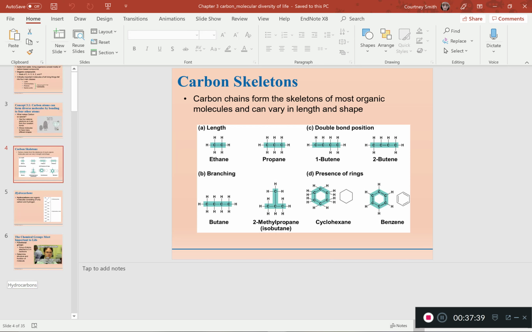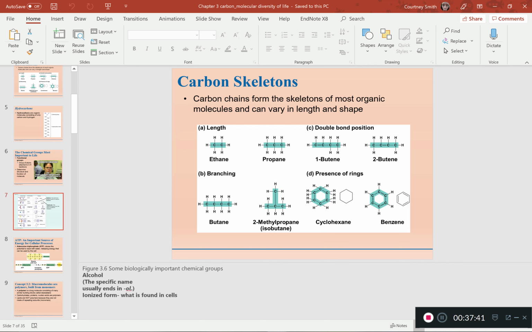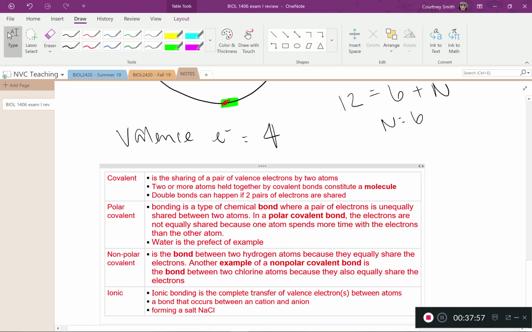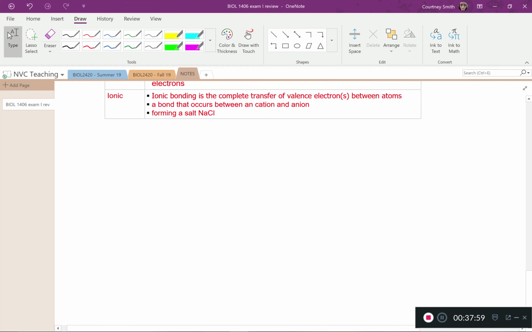Okay. So now we're going to transition into functional groups. In the review, I did provide a basic table. Of those, I feel that they are probably the most important, as well as the aldehyde group. So let me pull up the OneNote real quick and start drawing.